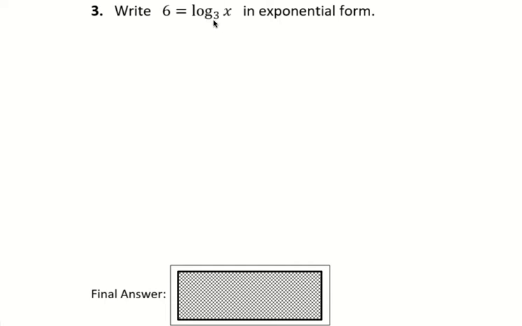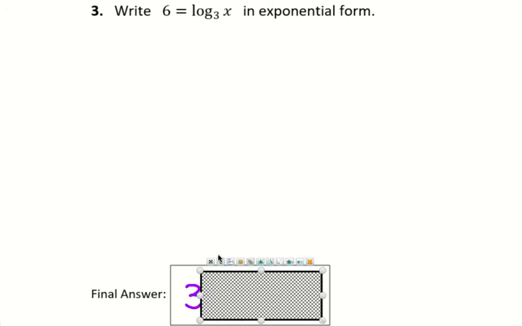When something's in log form, logs have a base, and exponents in exponential form also have a base. The good news is the base in log form is going to still be the base in exponential form.